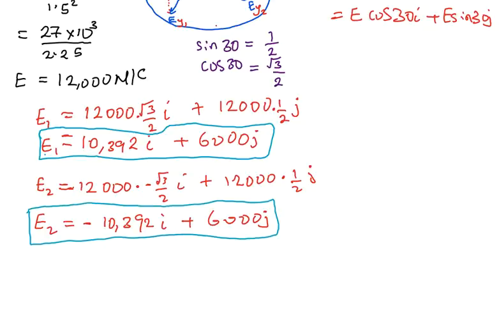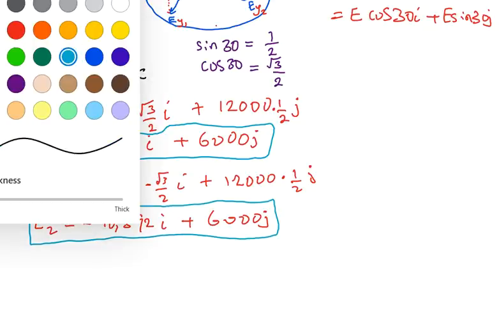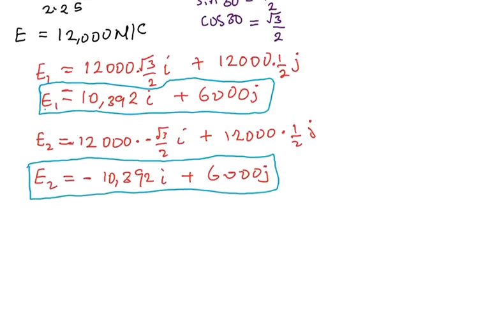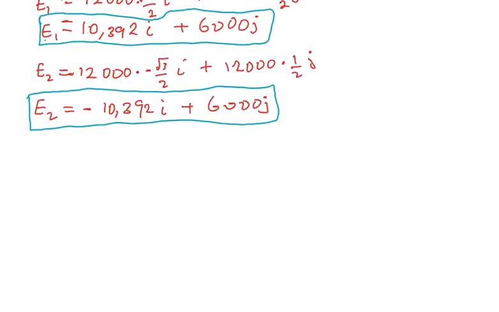The net electric field we are after: the net electric field, E net or E total, will be equal to E1 plus E2. We have E1 to be this expression and E2 to be this expression.